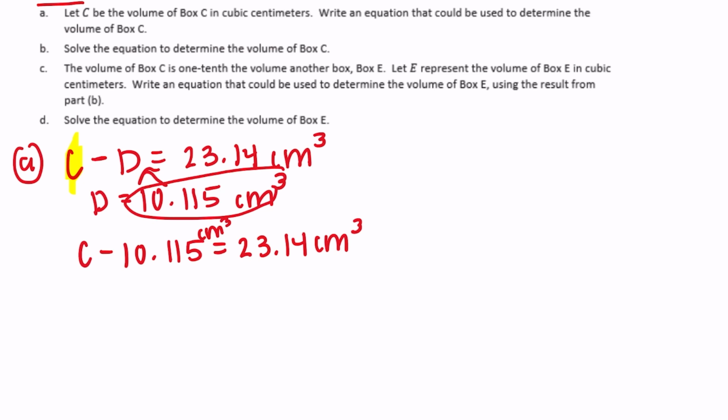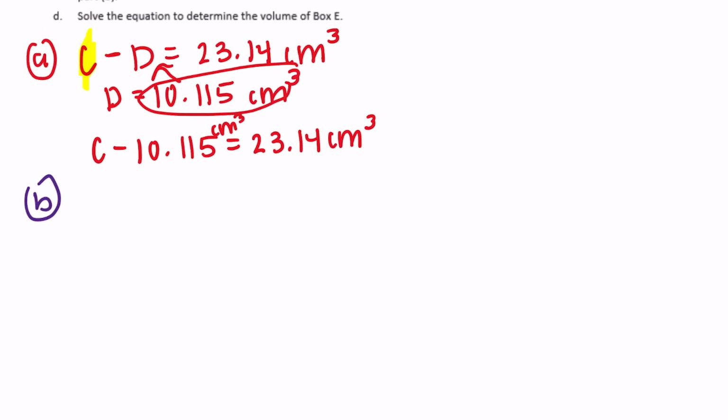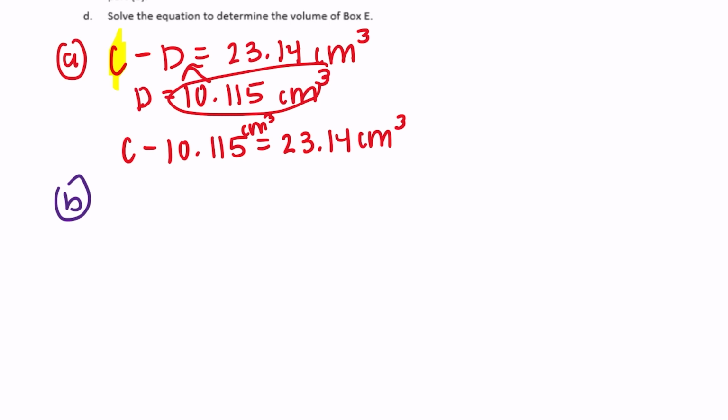So B says solve the equation to determine the volume of box C. So let's solve it. So C minus 10 and 115 thousandths. What we're going to do is add 10 and 115 thousandths there, and then add 10 and 115 thousandths there. So these will cancel out, and we'll just have C by itself.